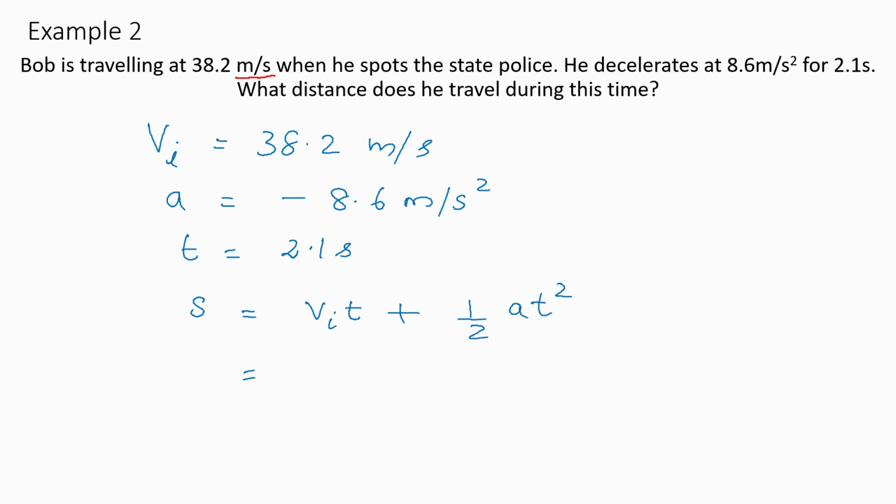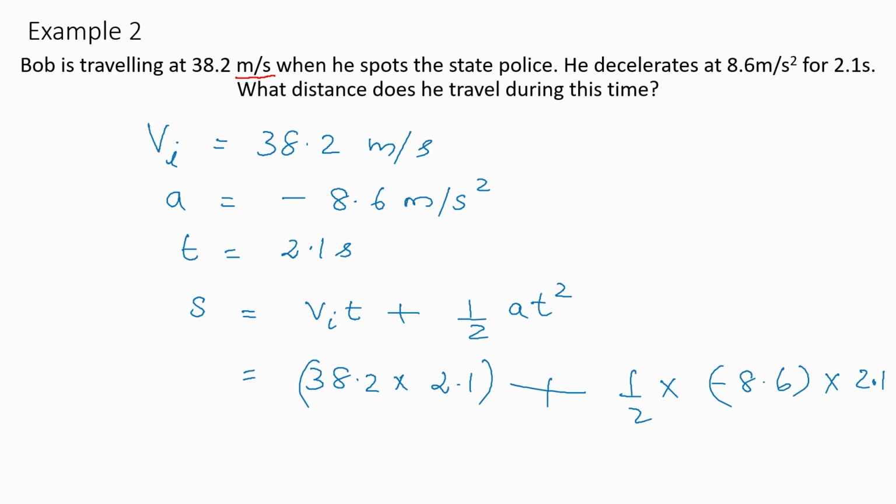So substituting the values, Vi is 38.2 times 2.1 seconds plus half times minus 8.6 meter per second square times 2.1 square.